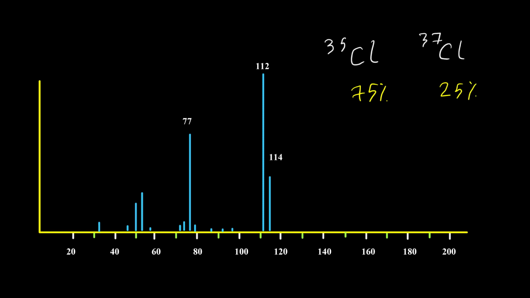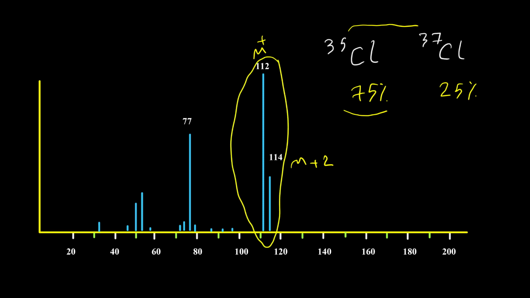So we see two peaks, where the first peak, which belongs to the compound containing chlorine 35, is roughly 3 times greater than the second peak. But still their difference is 2. So the first peak here is M plus and the second peak is M plus 2. And we see 112 is almost 3 times bigger than 114. This pattern is also unique for one chlorine atom in a molecular compound.